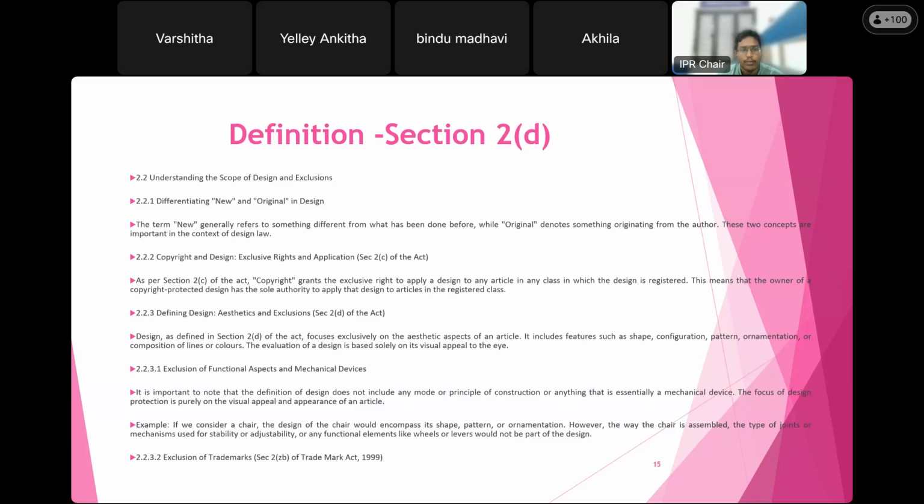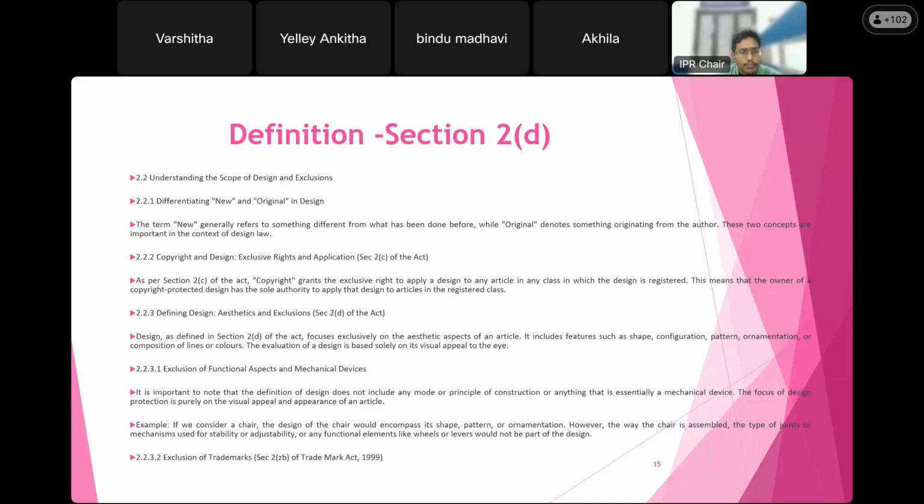Whenever you register your design, you will get a copyright on that design. So anybody else who wants to use your design has to take consent because you have the right to copy. You are the owner and you also registered. That's the reason somebody else has to take the permission from you.